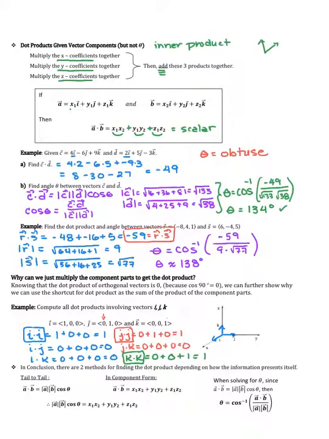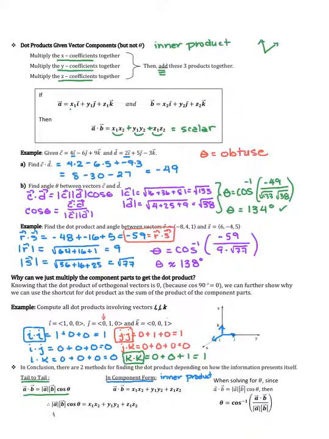Okay? All right, so in conclusion, if you're doing a dot product, scalar product, inner product, all means the same thing. If the vectors come to you tail to tail and you know theta between them, this is the form that I would use. If the vectors come to you in component form, then I would do the inner product form, and that's when you're multiplying the x's together, the y's together, the z's together, and then sum them all together.